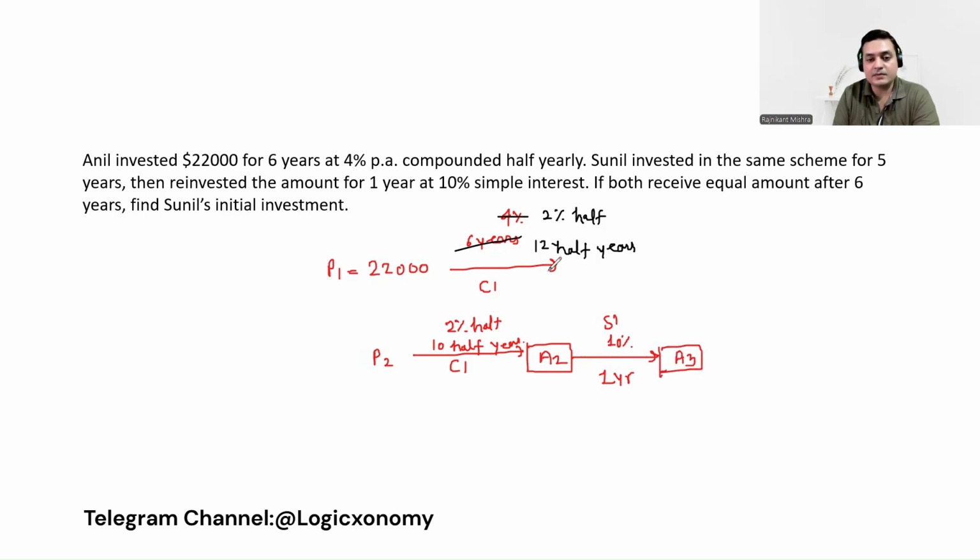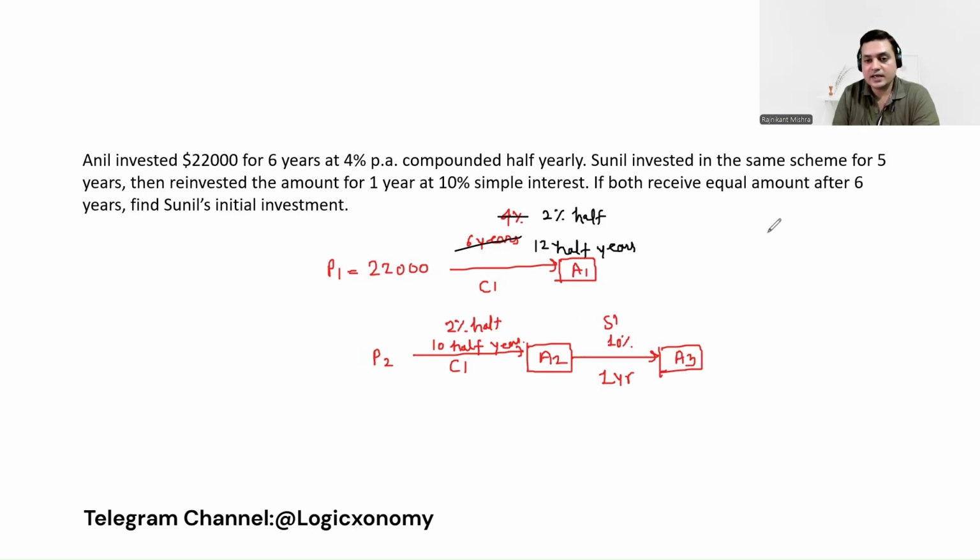And this P1 principal becomes A1 amount. A1 is the amount in which the 22,000 principal plus 6-year interest is included, and A2 is the amount in which P2 plus 5-year interest is included. After that A2 is invested for 1 more year and becomes A3, which means A3 includes A2 plus 1 more year of interest on SI.